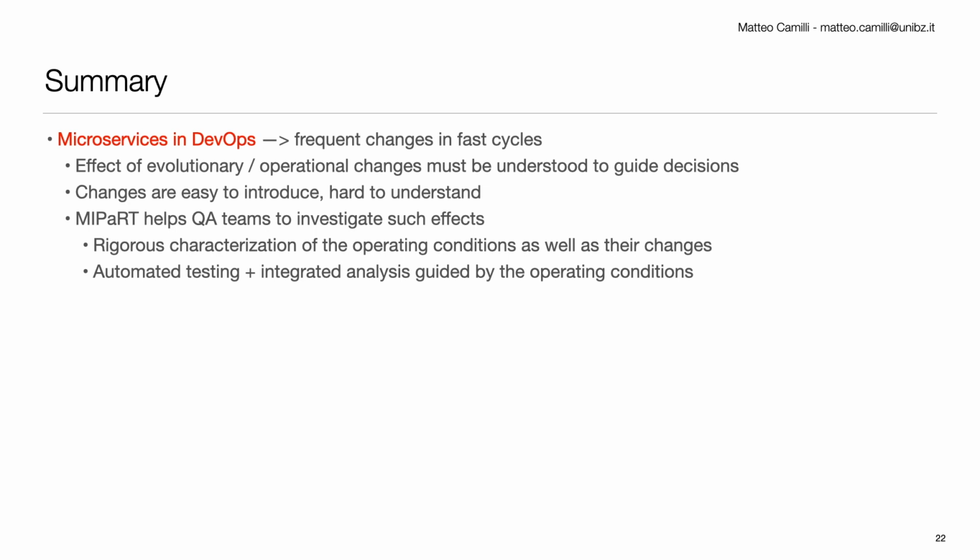So MIPaRT, our methodology and platform, helps quality assurance teams to investigate such effects through a rigorous characterization of the operating conditions as well as their changes, and the automated testing plus integrated analysis guided by the rigorous description of the operating conditions.